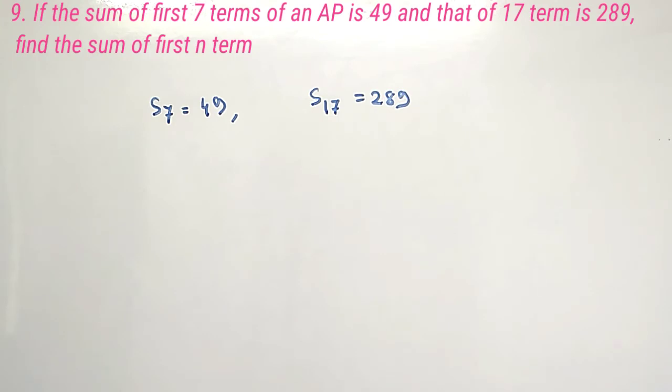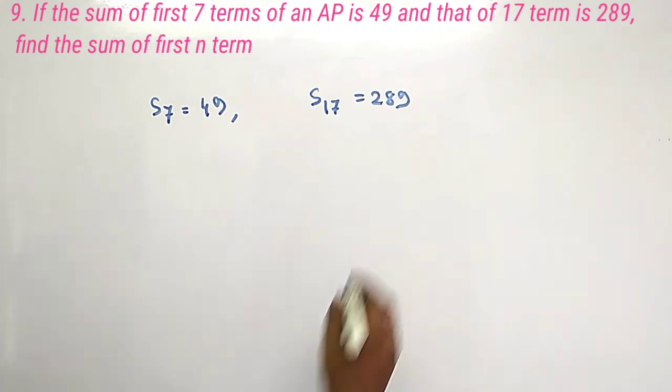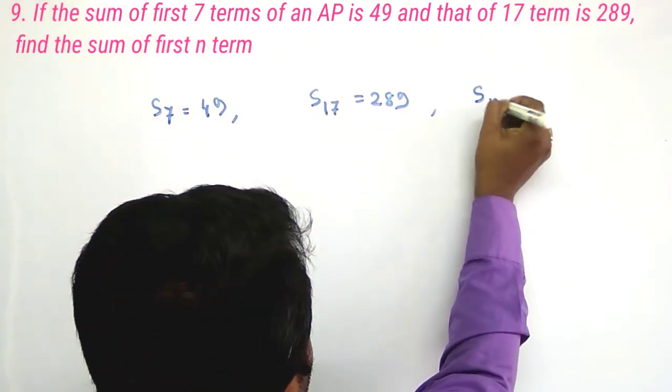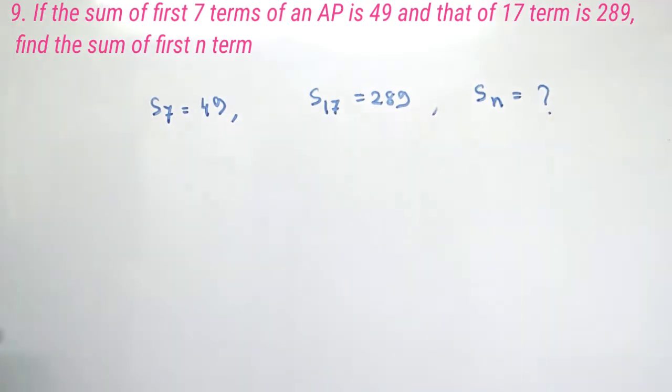So we have to find the sum of first n terms. So our question is Sn will be what? First n terms. So how to solve?